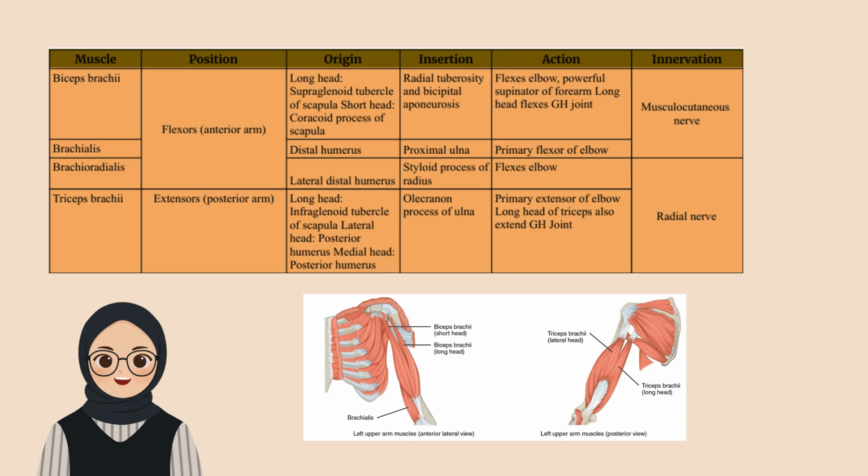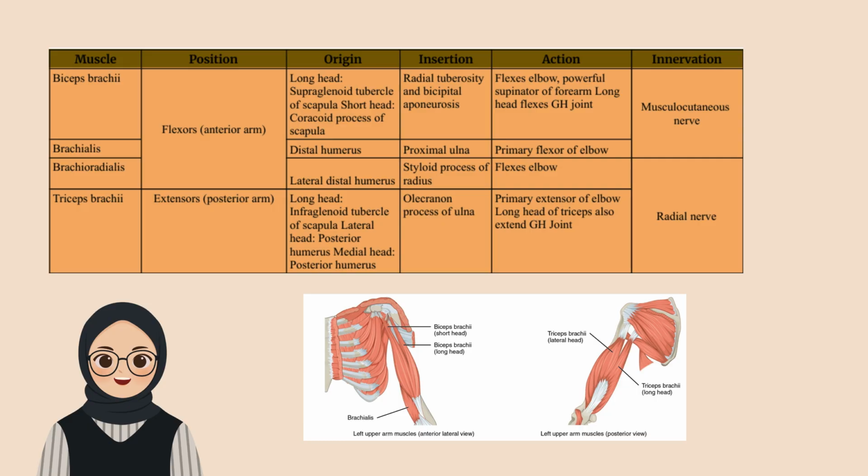The insertion is radial tuberosity and bicipital aponeurosis. The action is flex elbow, powerful supinator of forearm, long head flexes GH joint. And the innervation is musculocutaneous nerve.